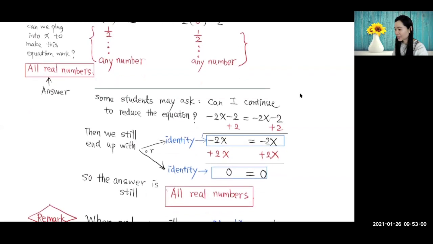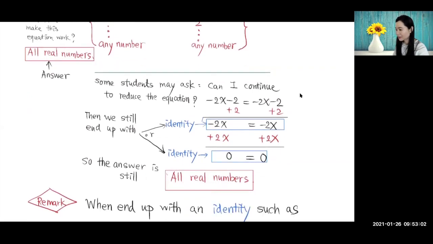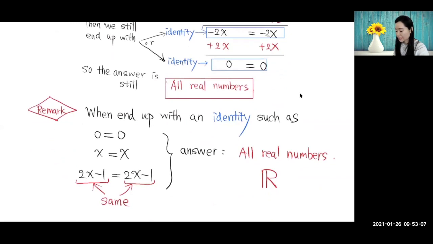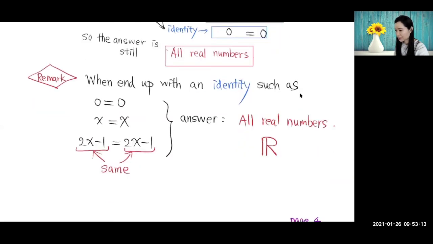Okay, so over here, the answer will be all real numbers. Now, when you solve an equation, I'll make a red mark here. When you end up with an identity, such as one of these, where both sides are the same, both sides are identical, the answer here will be all real numbers. And the solution set will consist of all real numbers.